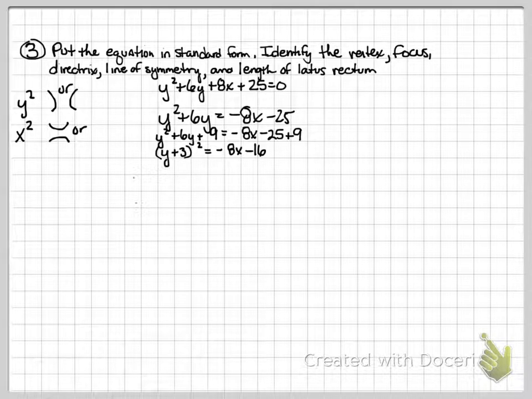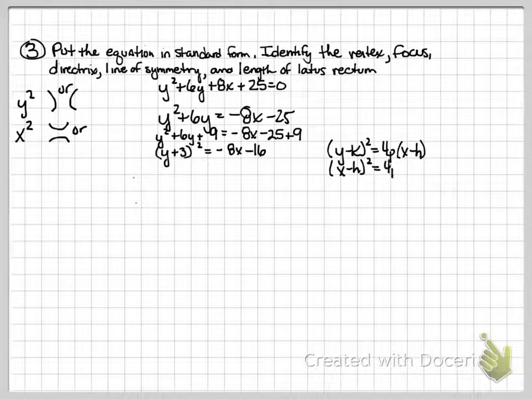Now here's where it gets a little different than what you had before, because our two forms of our equations look like this. Y minus k squared equals 4p times x minus h. And the other one would be x minus h squared equals 4p times y minus k. Now whether you have the squared term on the left or on the right side doesn't matter.